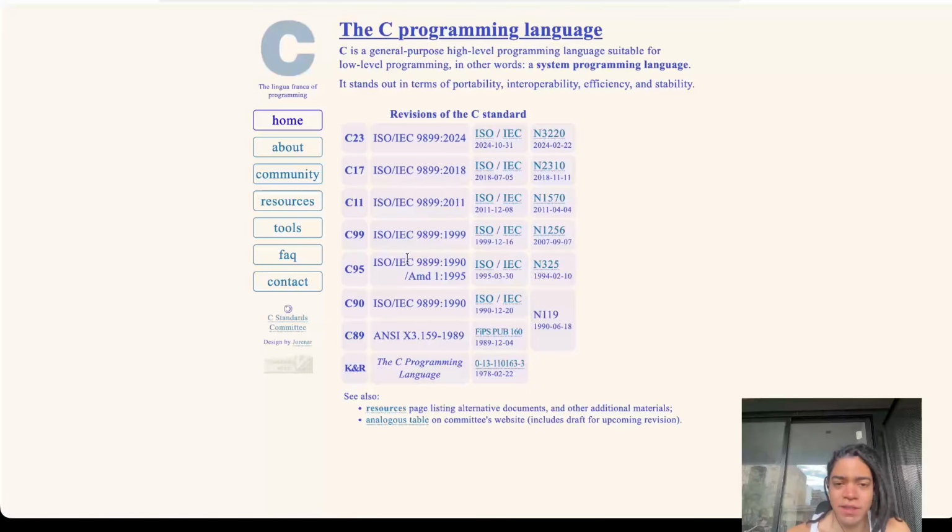But the point here is that they have released several of these, and it's interesting because, as you can see here, the first letter starts with C, and then it is followed by the year. That makes a ton of sense to say, hey, which version are you currently using?